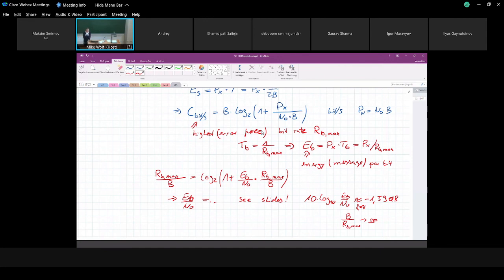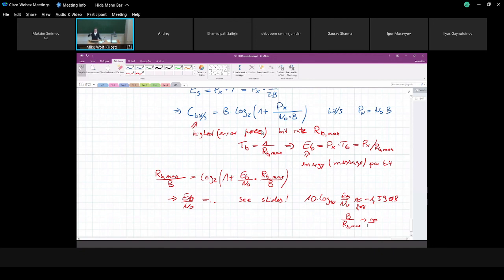We want to transmit with the lowest possible energy. And therefore, we spend a lot of redundancy, of redundant control bits, okay? So this means if we can spend a lot of control bits, we are not interested in a high bit rate. So we spend a lot of bandwidth for transmission just to add a lot of redundant bits to our message bits. Then we need more bandwidth. And then we end up at a required EB by N naught ratio, which is minus 1.59 dB.